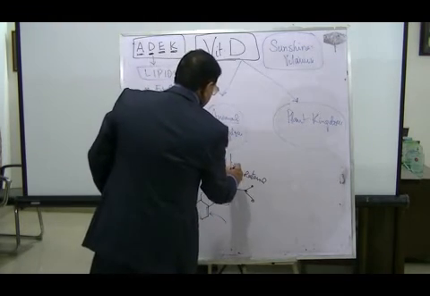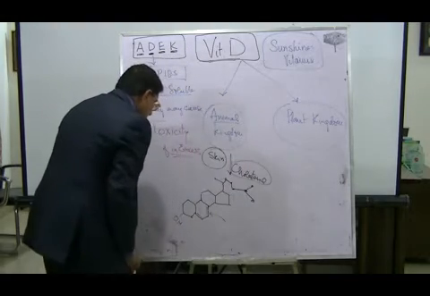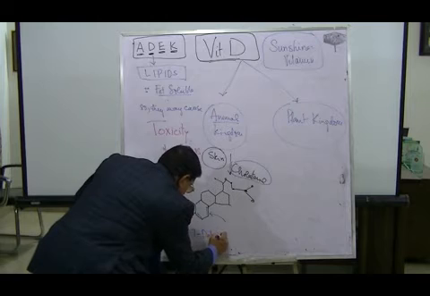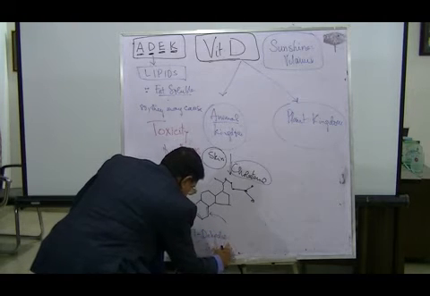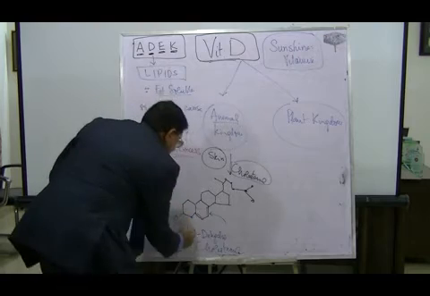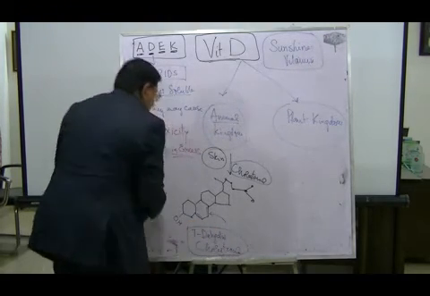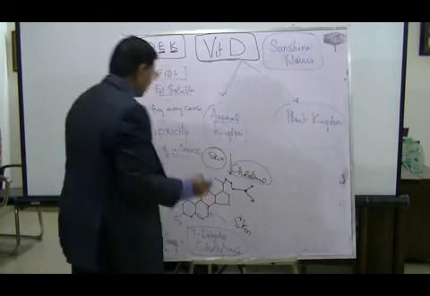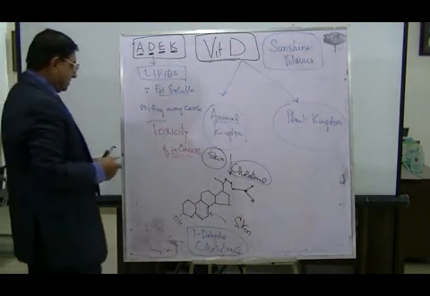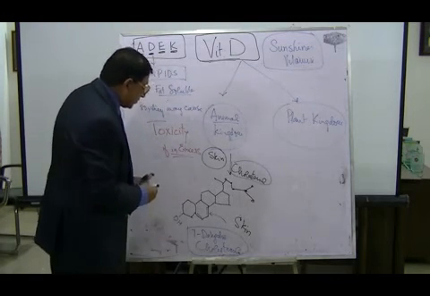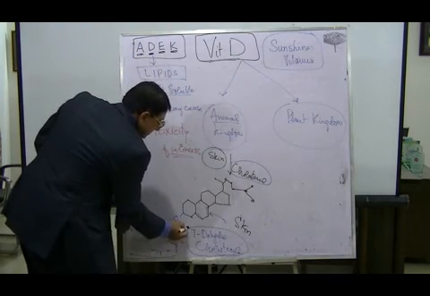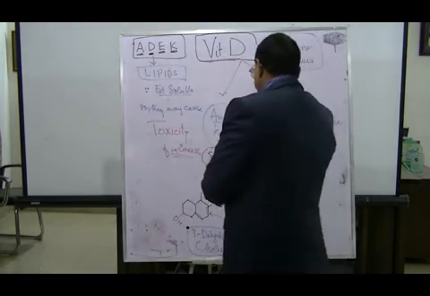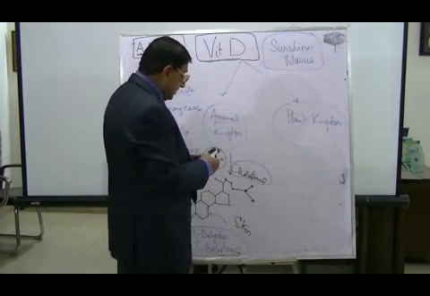This was cholesterol. It is converted to 7-dehydrocholesterol and is stored in the skin. This is the animal form.